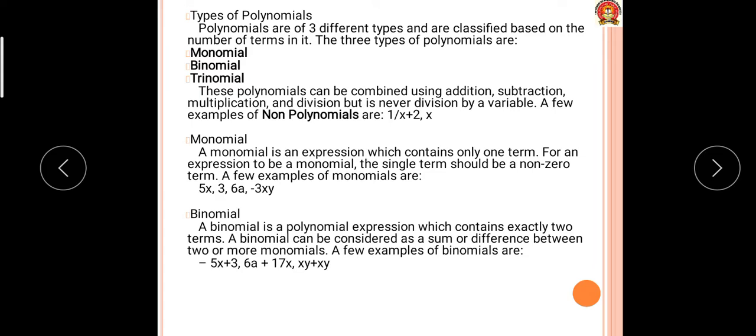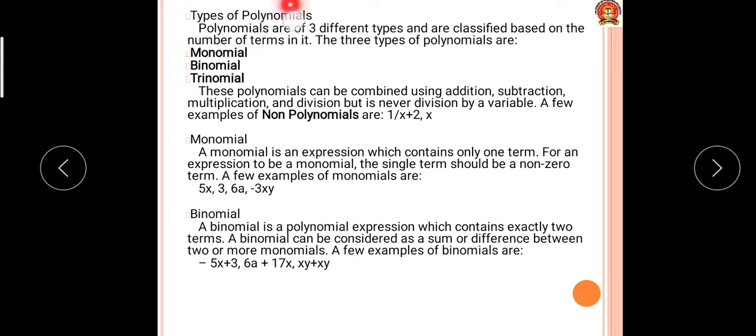Polynomials are of three types based on the number of terms. That is very important. If in the exam the question asked is to write the types of polynomial based on number of terms, then you have to write monomial, binomial and trinomial. If it just asks to write the types of polynomial, then you have to write both classifications.